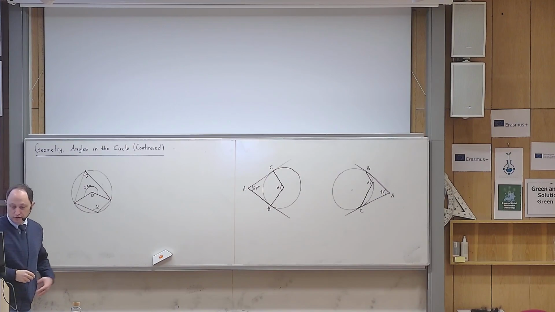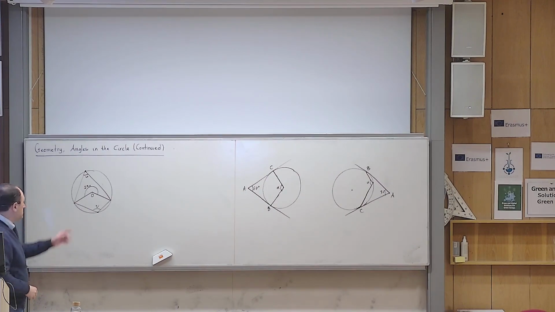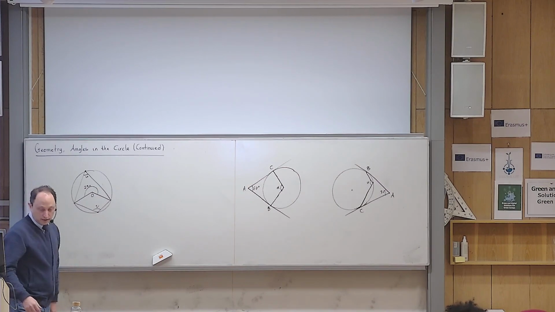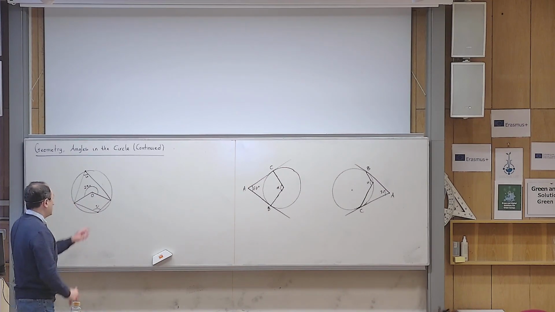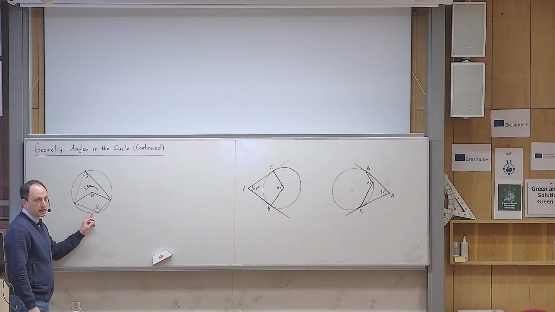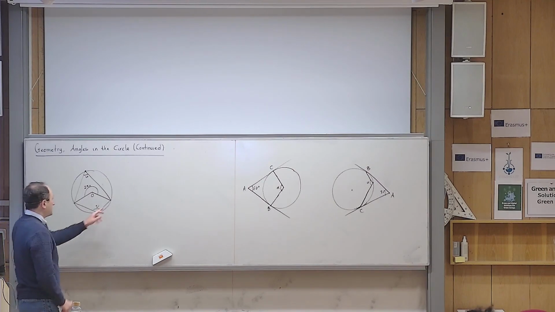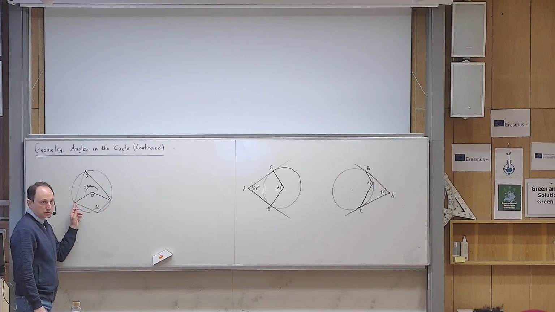Okay, to refresh your memory a little bit, let us solve this problem together first. I think it's very simple. It's not hard. So, for example, if I ask you what this angle V is, you need to ask yourself, what type of angle is this?